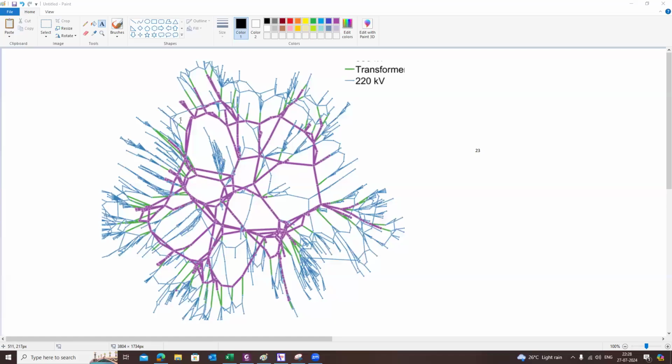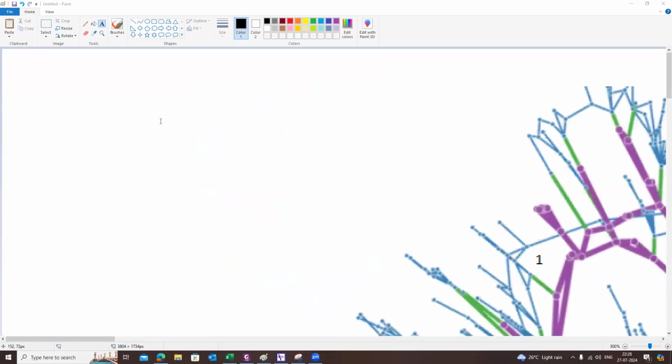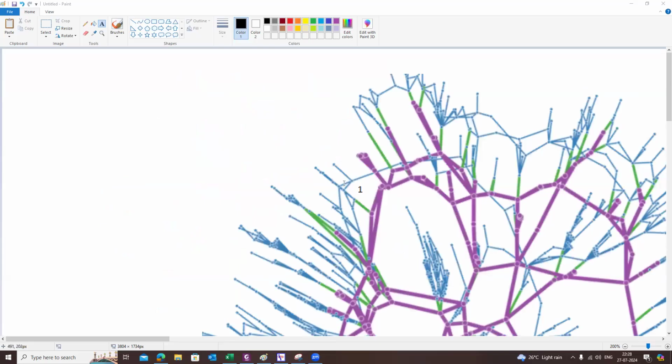Suppose this is bus number 1, and let's suppose this is bus number 2, which is having some number like 50 or 70. What I'm talking about is the difference between bus 1 and bus 2. These two are interconnected by a direct transmission line. Here the maximum allowed limit is 23 degrees or 30 degrees.